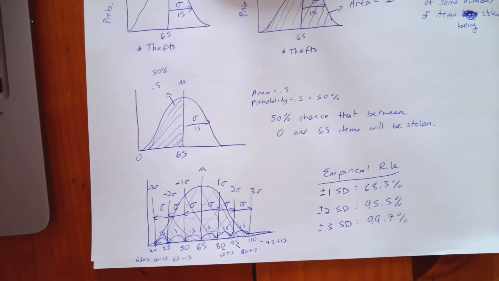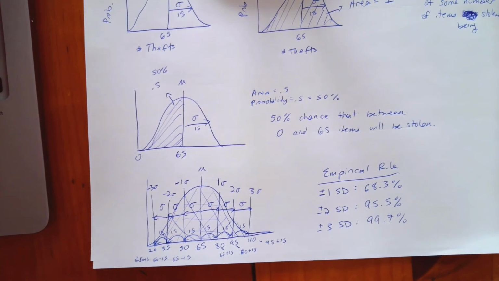And the key thing here, and what's really cool about the empirical rule, is that this is going to be true of any normal distribution that you have. So as long as it's a normal distribution, so as long as it has this specific bell shape, it doesn't matter what your mean is, it doesn't matter what your standard deviation is, it's always going to have these qualities where 68.3% of your outcomes are going to be within plus and minus 1 standard deviation of your mean.